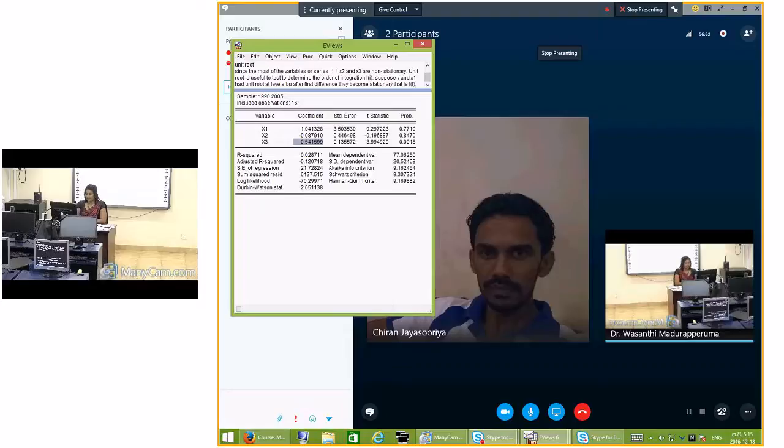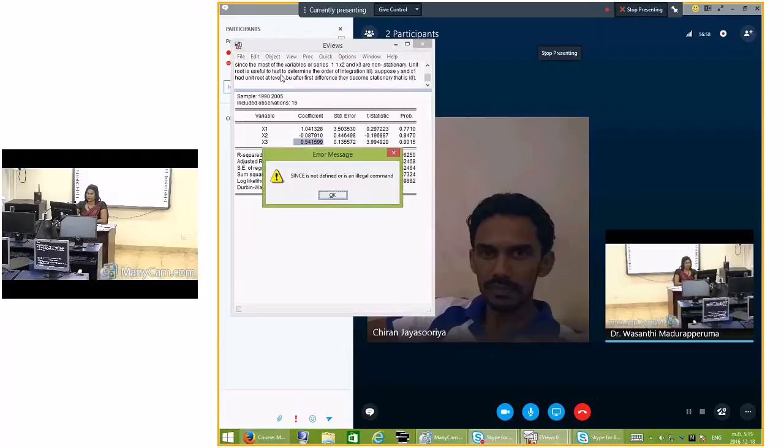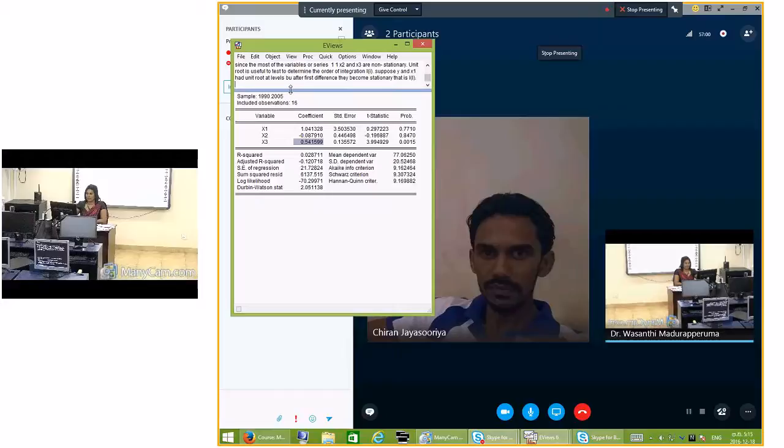There are different tests to test for a unit root.